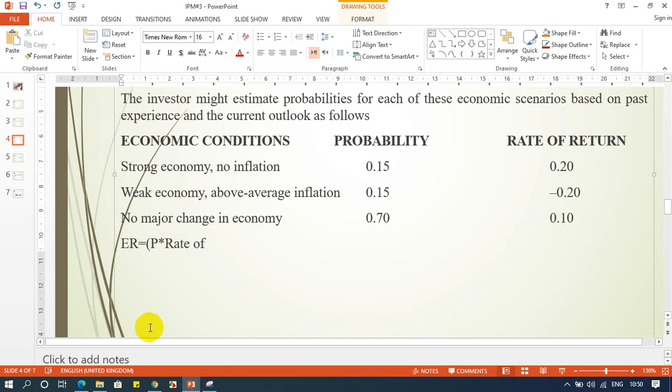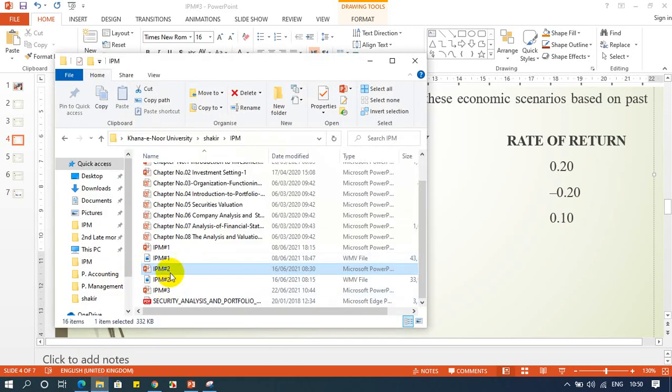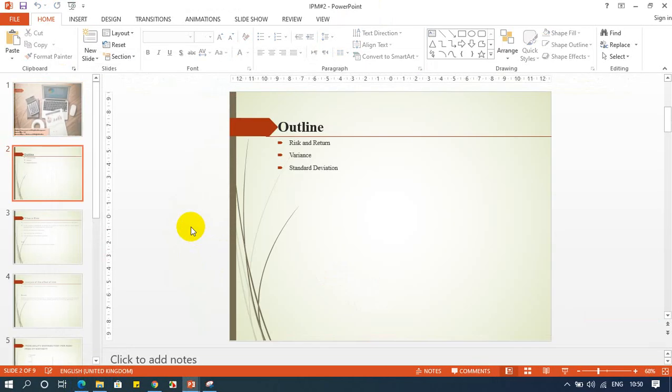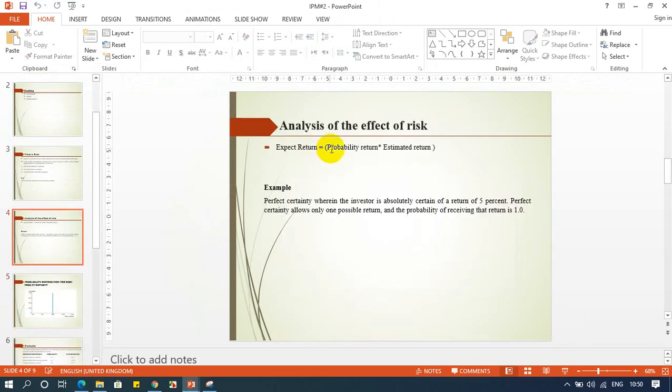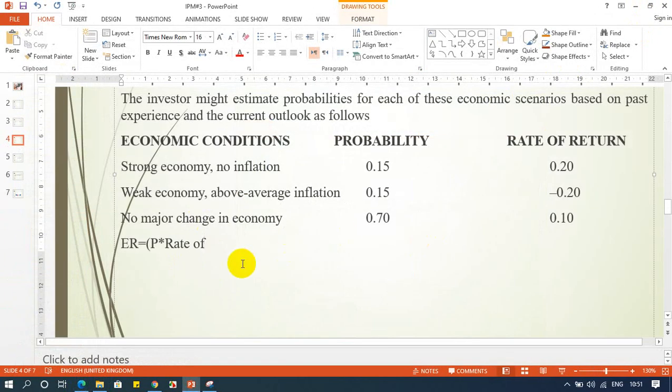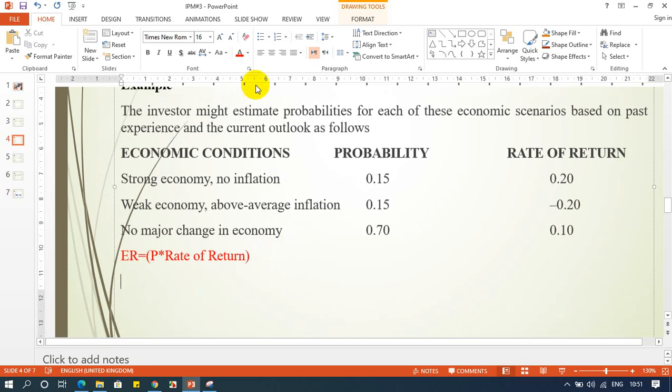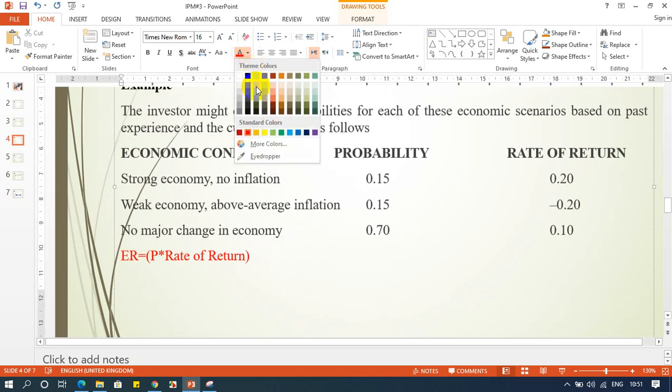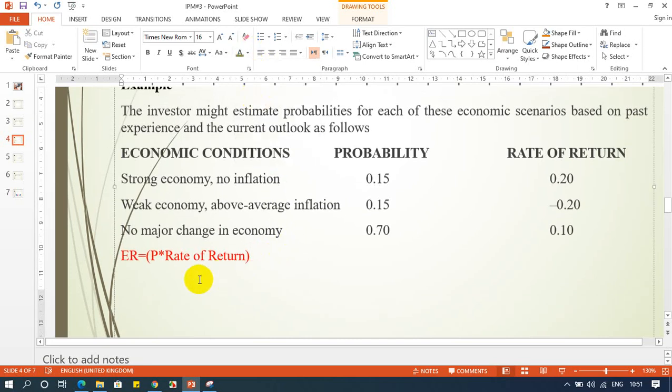So here is the formula which we did in the last session. Now, how to calculate expected return.